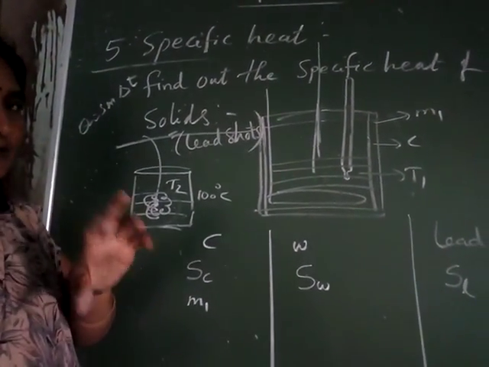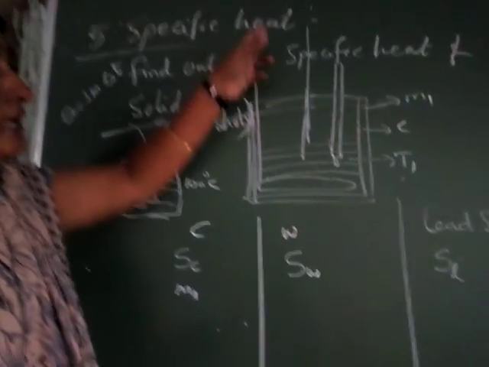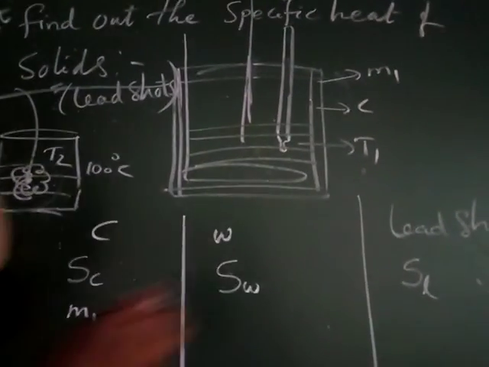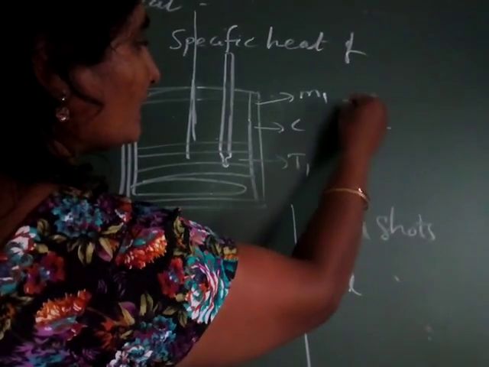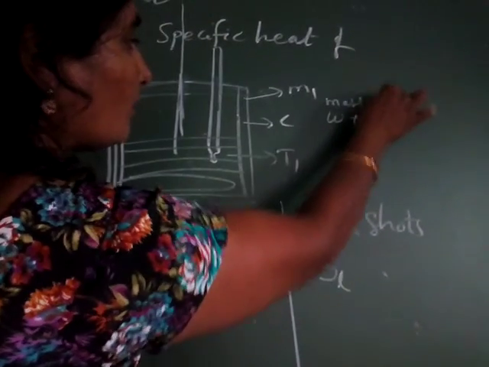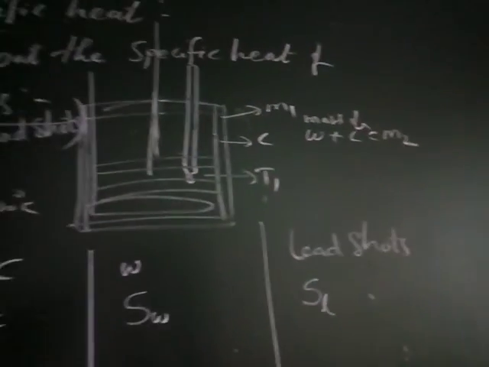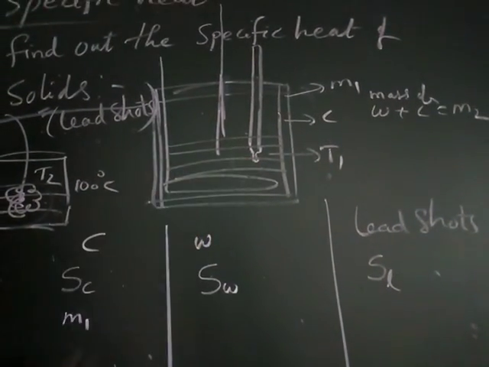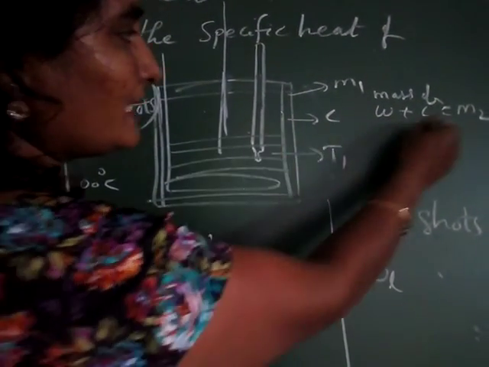This is for accuracy. For accuracy, first you have to take water in the calorimeter, and only then weigh it. Then the mass of water and calorimeter is m2. You are weighing like that. Suppose you get m2. Now, can you say how much the mass of the water is? The mass of the calorimeter is m1.